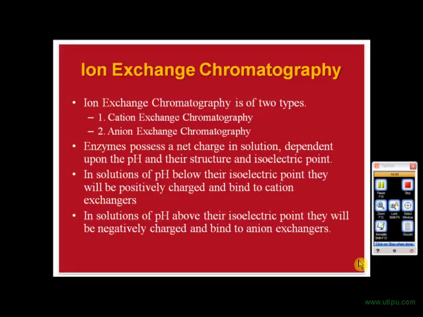These ions will come and displace the proteins that are attached to the resin, because the buffer which we are adding contains a high number of positive charges. They will automatically displace the proteins that are bound to the resin, so that they are eluted. You understand?